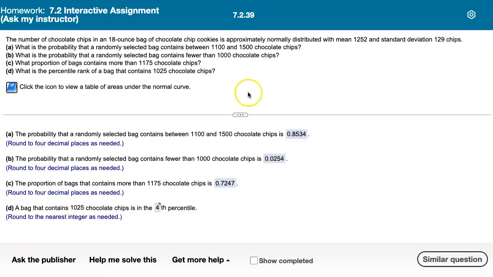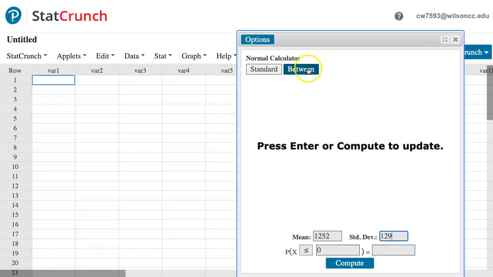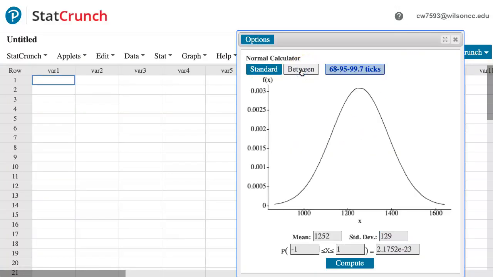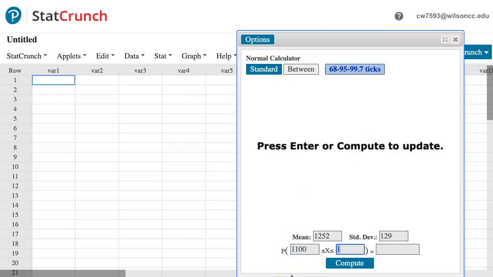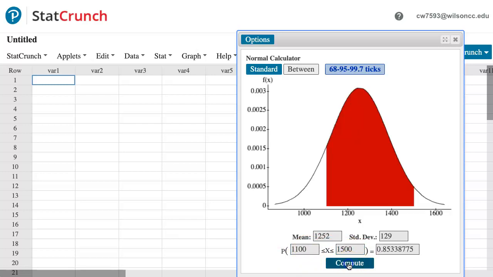So let's go back to that problem and let's start answering some of these different parts. The first one is, what is the probability that a randomly selected bag contains between 1,100 and 1,500 chocolate chips? So coming back to StatCrunch, we'll select between, and then down here underneath the probability statement, we'll place 1,100 and 1,500 into these two spaces here, and then click compute.